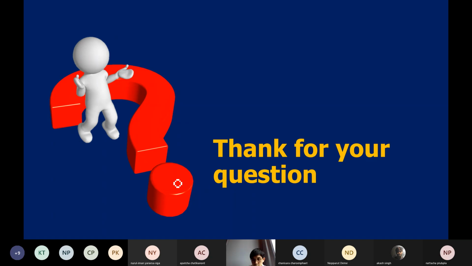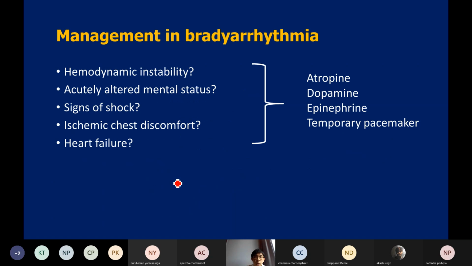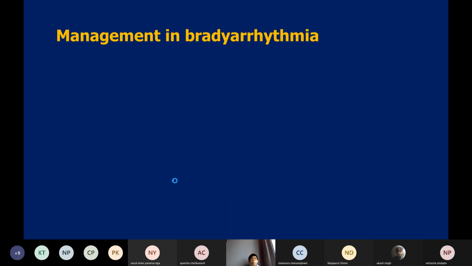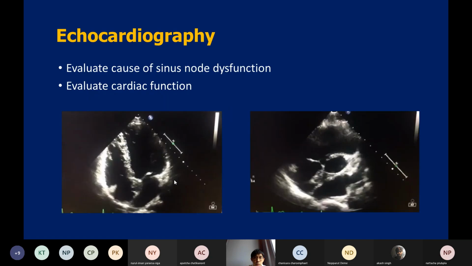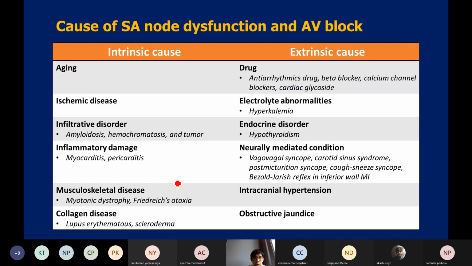(Student, in Thai: Professor, how does management with cardiac biopsy help?) Oh, this is, suppose, okay, in some cases of bradycardia, when you go back to the cause of bradycardia, you could see that there is some type of infiltrative disease or inflammatory damage.